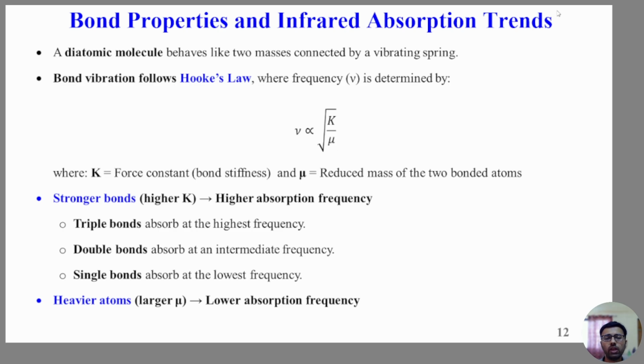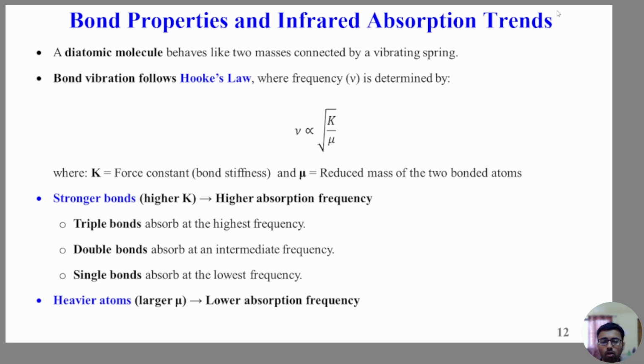So now we have a very powerful equation, and from this equation we can extract two extremely important rules that explain infrared absorption trends. Let us look at them one by one. Rule 1. The first rule is related to the bond strength.